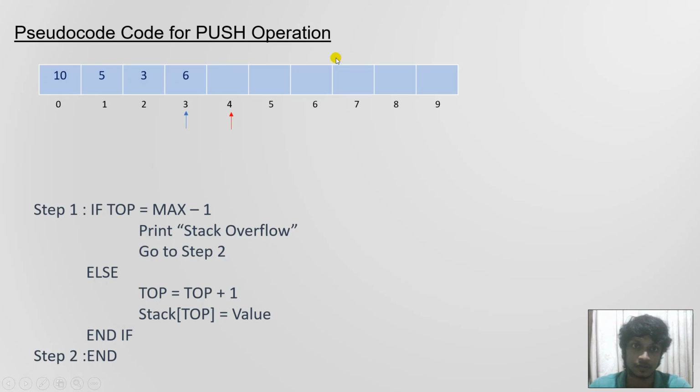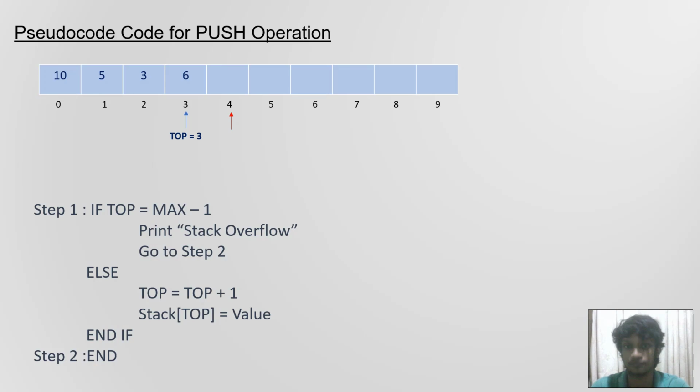Okay, so the first operation is the push operation. Push basically means inserting an element into the stack. In order to push an element to a stack, there should be available space, because a stack is a static data structure, therefore the array size or the stack size can't be changed.